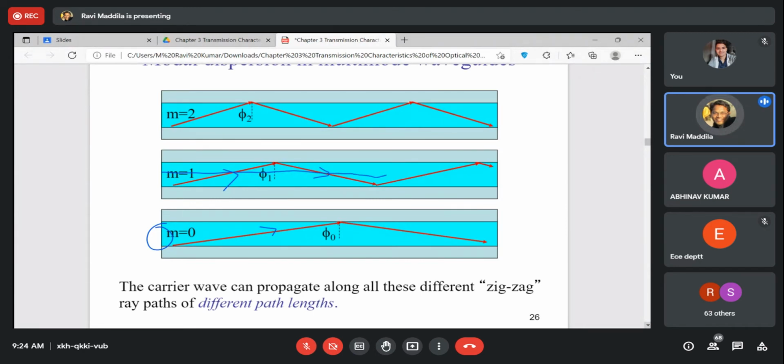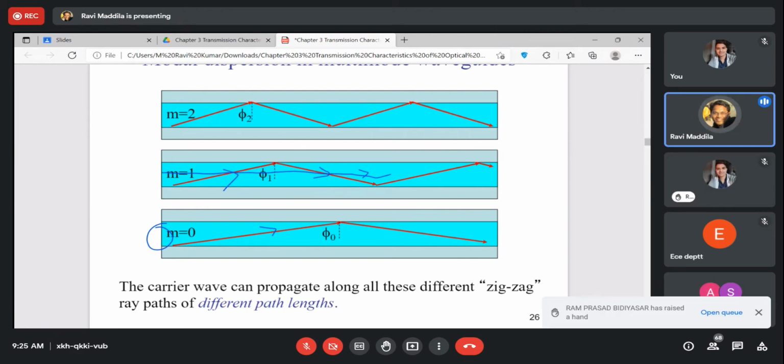Of course, if you consider an optical signal which propagates along the axis of the fiber, that would be the shortest path. As the number of total internal reflections increases, the path length of these modes increases.